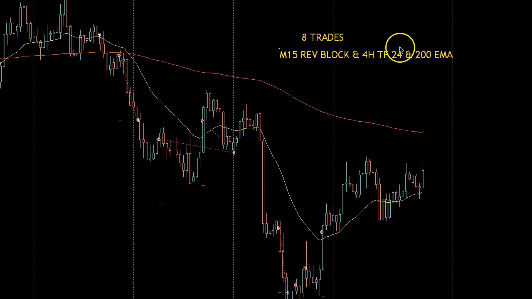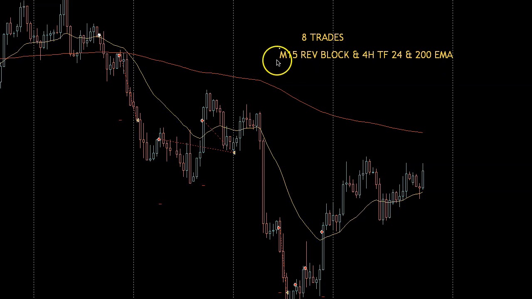And the only thing I did, which maybe 24 might be too small, on the 4-hour time frame, was use 24 and 200. So instead of using a moving average on the same time frame of entry, I changed it around and said whenever the price is below or above the 24 and 200, then look for a reversal block entry.